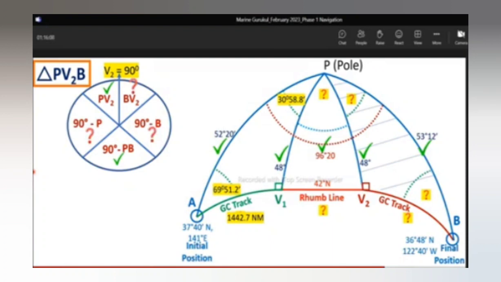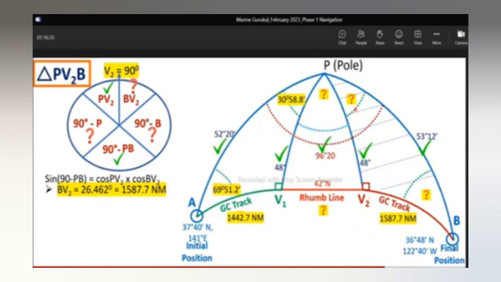Now we apply Napier's rule. First we can calculate BV2, and when we put the values, we get BV2 as 26.462 degrees, which is 1587.7 nautical miles, and this distance we put on the diagram here. So the distance on the GC track from V2 to B is 1587.7 nautical miles.